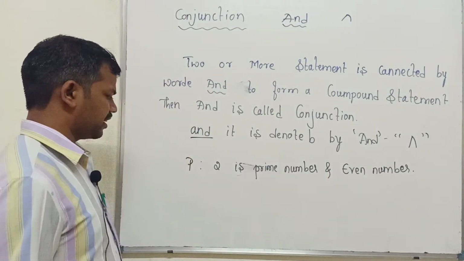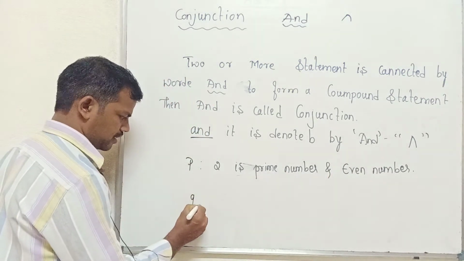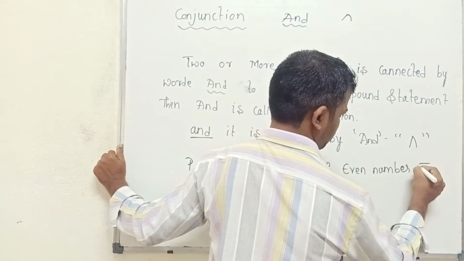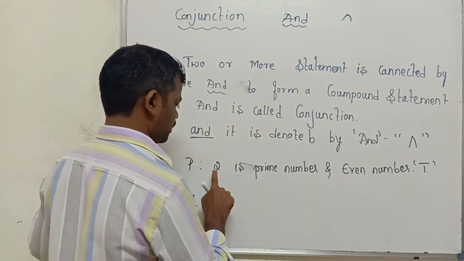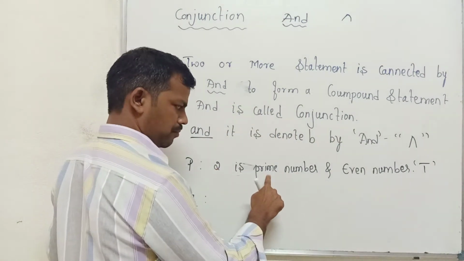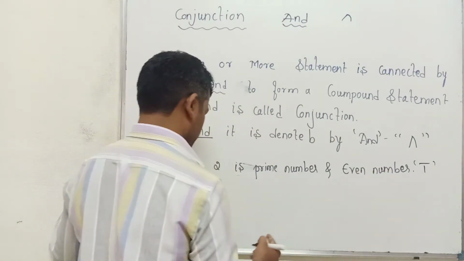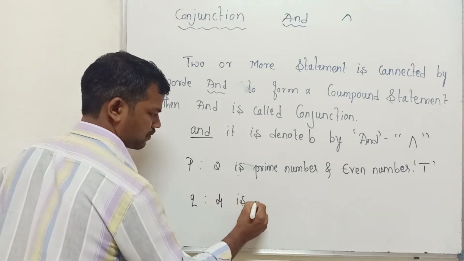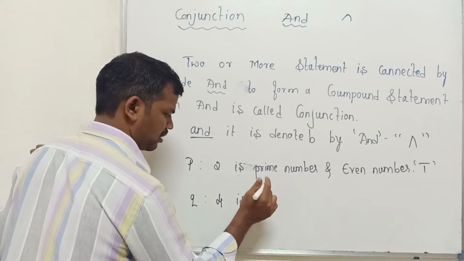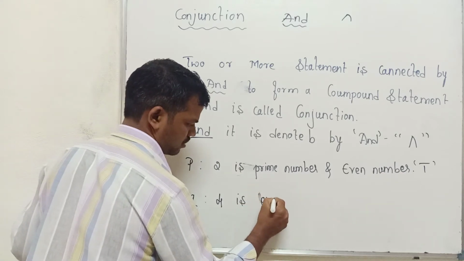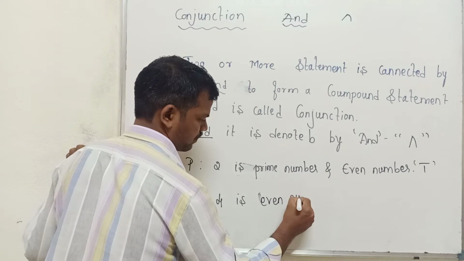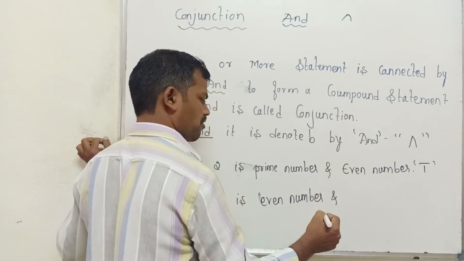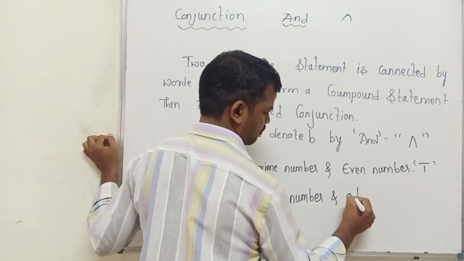For example, Q is another statement. It is a true statement, because 2 is a prime number and an even number. Now, 4 is an even number and an odd number.